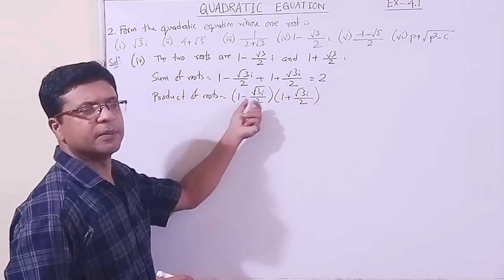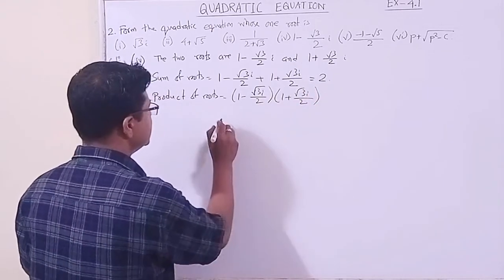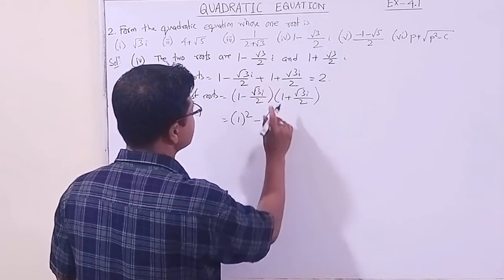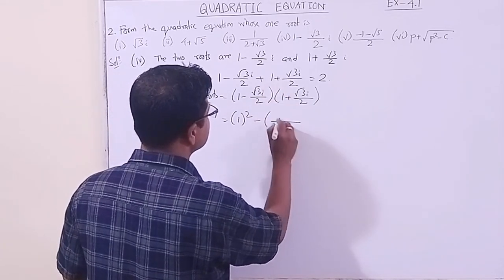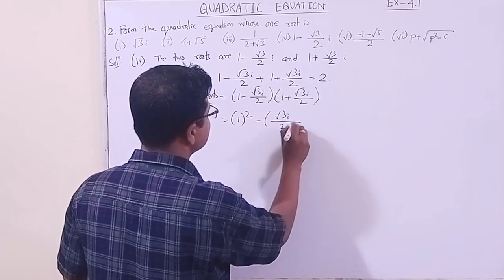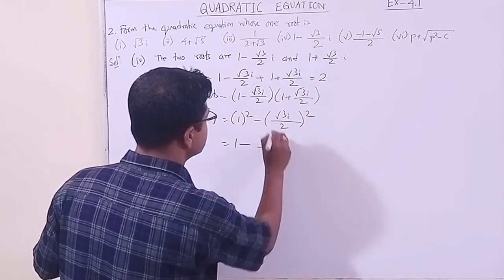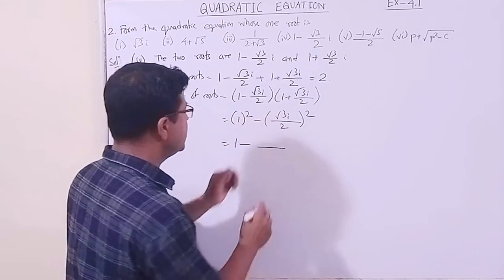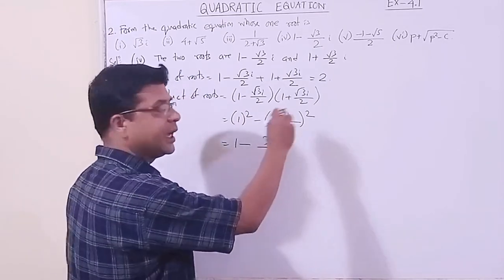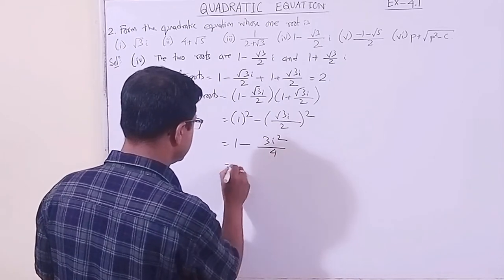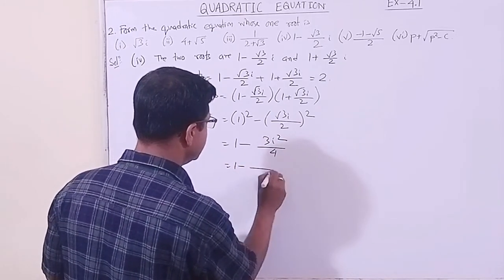Again this is of the form a minus b into a plus b, isn't it? So this is, you know how to do it, a square minus b square, this is root 3i by 2 square. So then this is 1 square, 1. Now here dear students, you see root 3 square is 3. Then i square, 2 square is 4, 1 minus this 3.